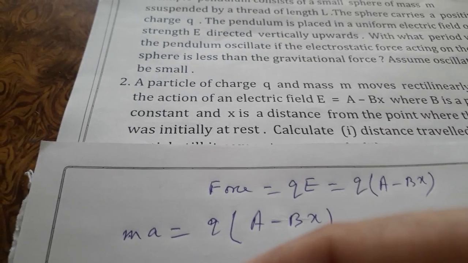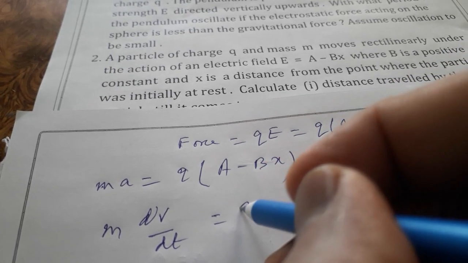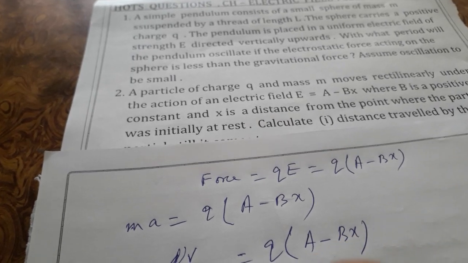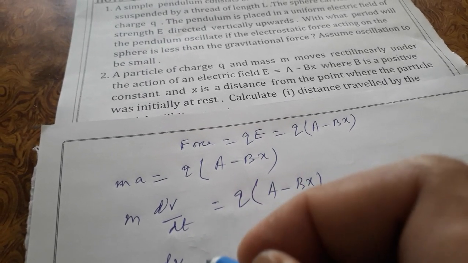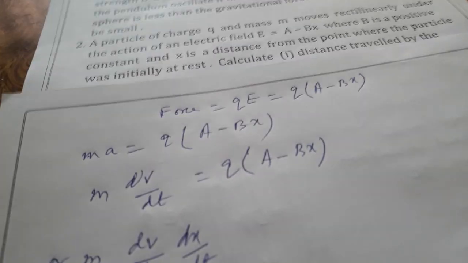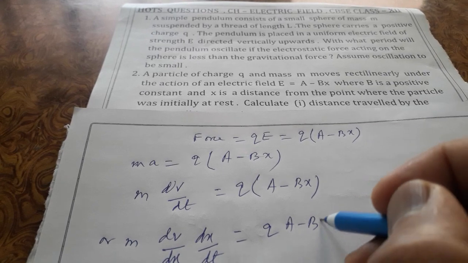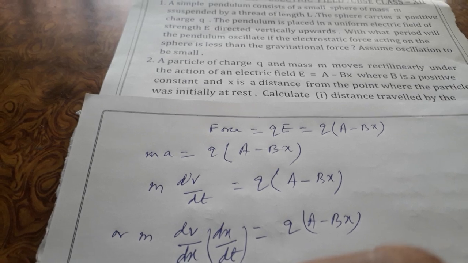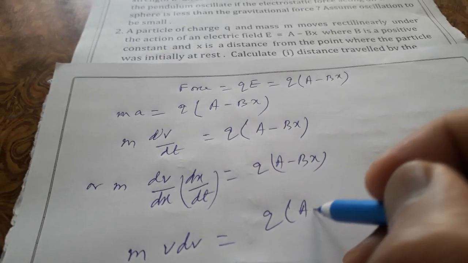Now acceleration can be written as m into dv by dt equal to Q into A minus Bx, or we can write m dv by dx into dx by dt equal to Q into A minus Bx. dx by dt is replaced by velocity.